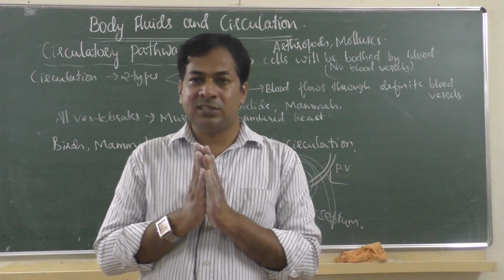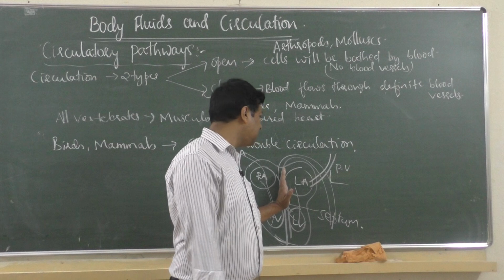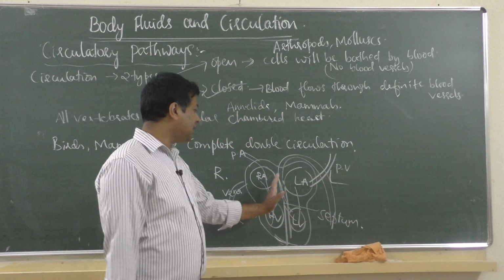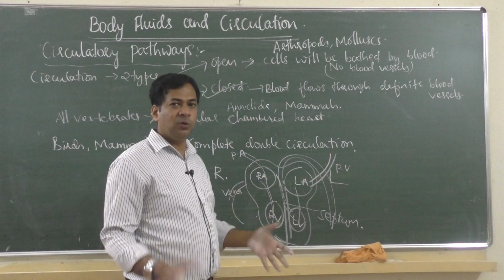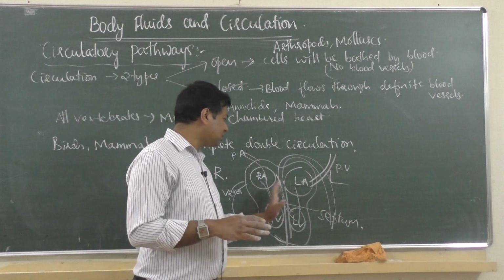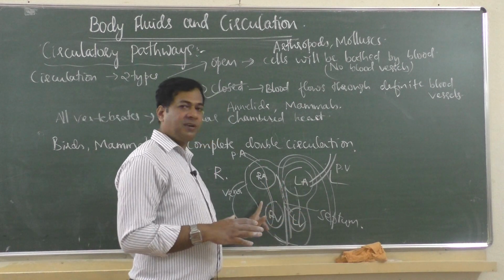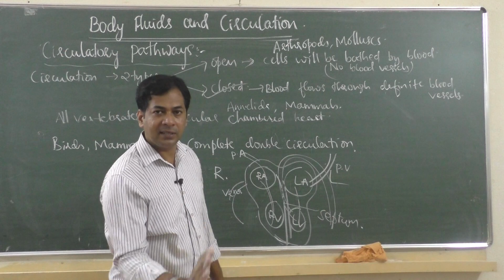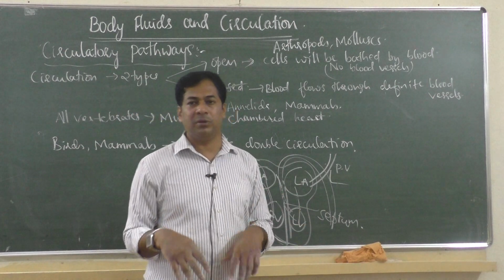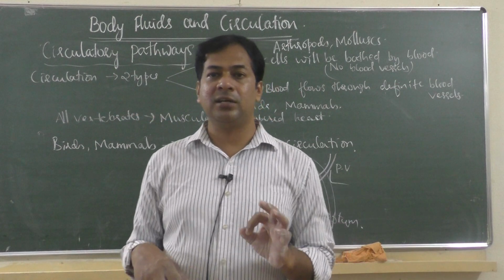There is only oxygenated blood in the left part of the heart, and only carbon dioxide mixed blood in the right part of the heart. No mixing, because the left side and right side of the heart are separated by the septum in the center. So mixing of blood doesn't happen, so it is complete circulation.